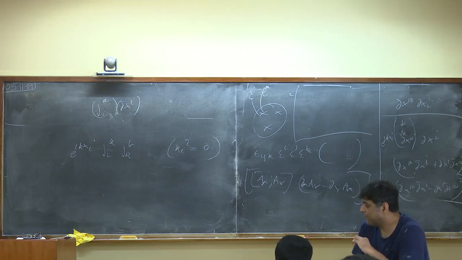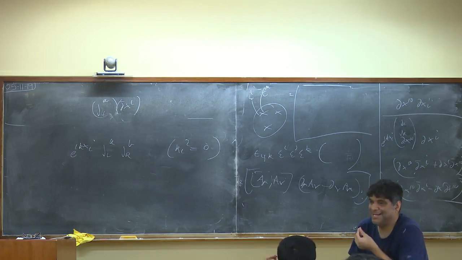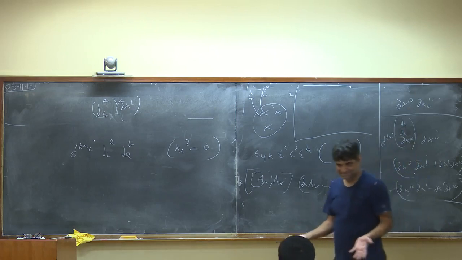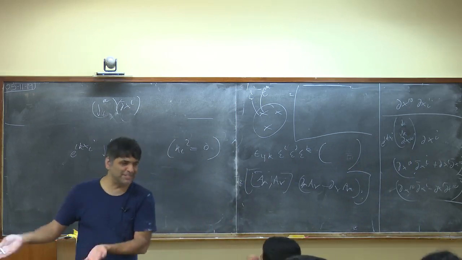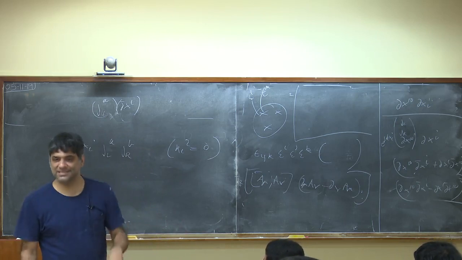Next question. How do they transform under the two SU2s? They transform as a 3 under the first SU2. They transform just like the J's transform. So adjoint times adjoint. Adjoint under the first SU2 and adjoint under the second SU2.